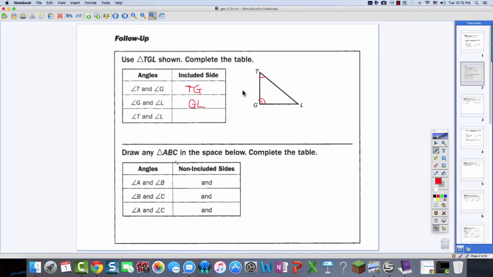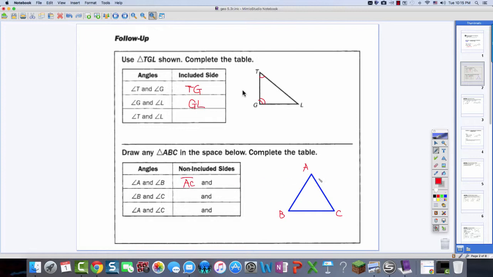And let's see, draw angle ABC in the space below. If I draw any triangle, I can draw this triangle ABC. For angle A and angle B, the included side is AB.